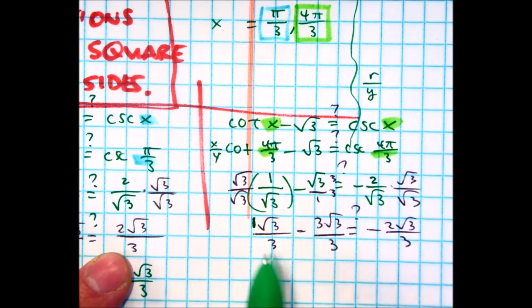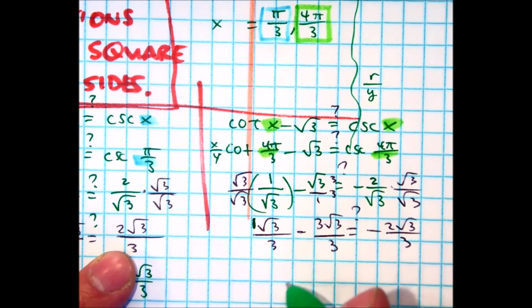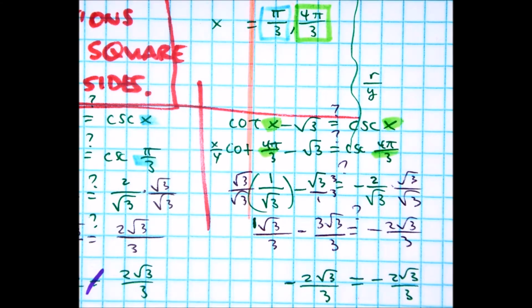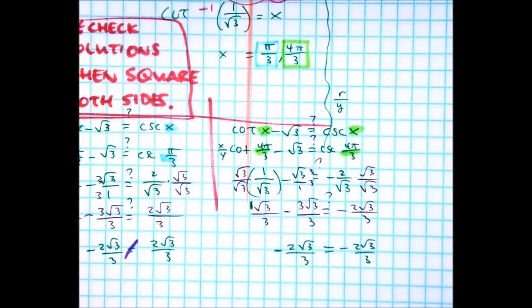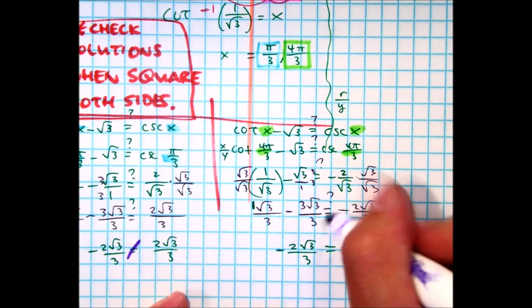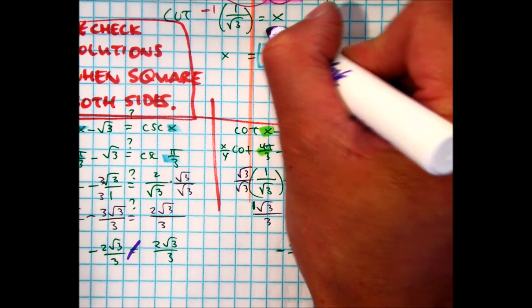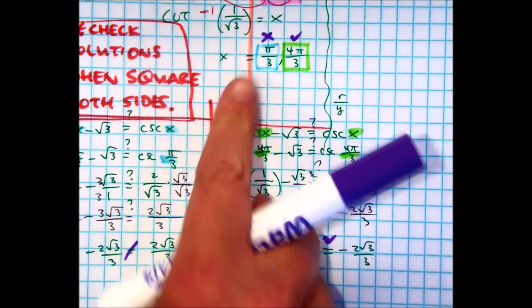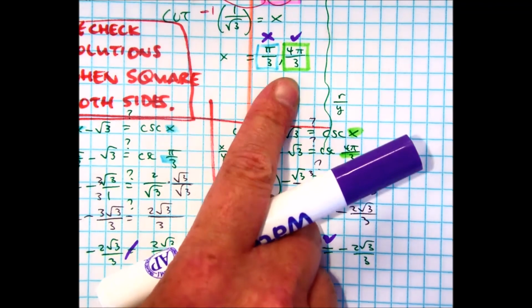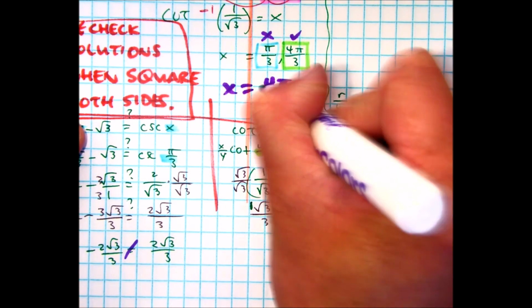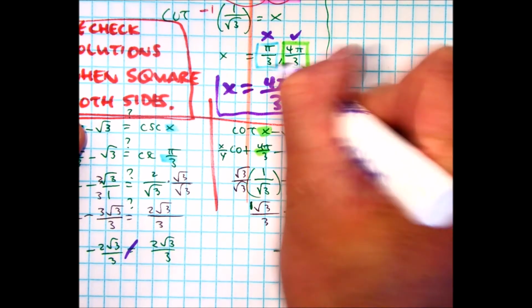Remember, there's a 1 right here, so 1 minus 3 is negative 2 radical 3 over 3, and that is equal to negative 2 radical 3 over 3. Raise your hand if you got that. What does that mean? That means that 4 pi over 3 is actually our solution, and pi over 3 is extraneous, which basically means although we found it for x equals, it actually doesn't work. So x is equal to 4 pi over 3. This is the only one that actually makes the equation true.